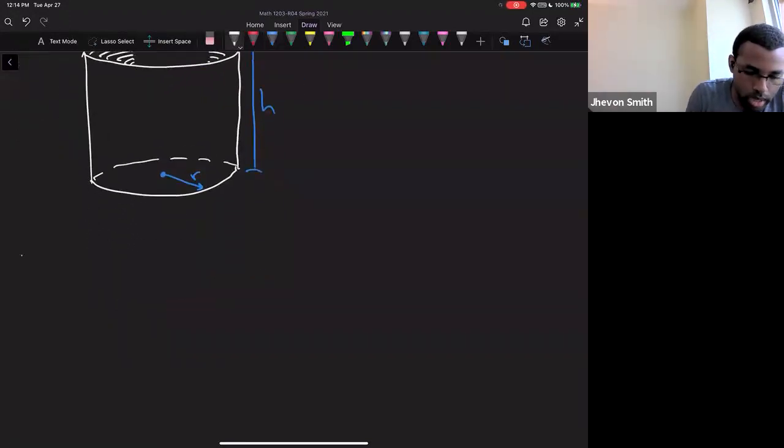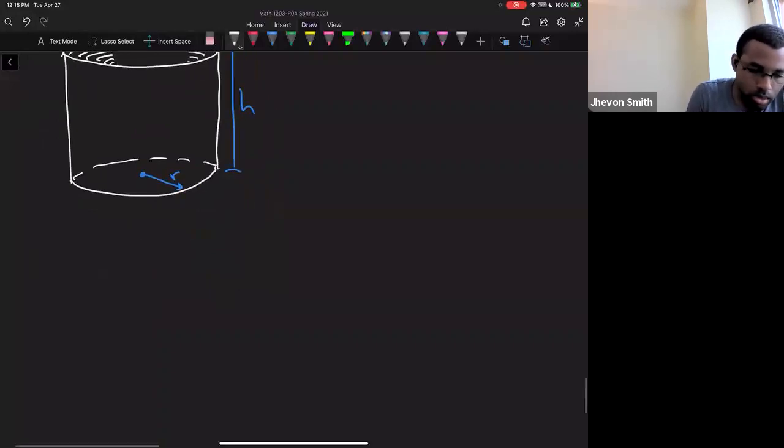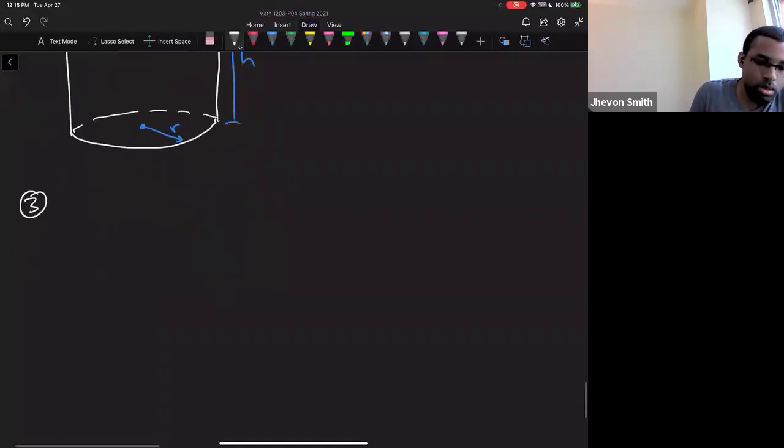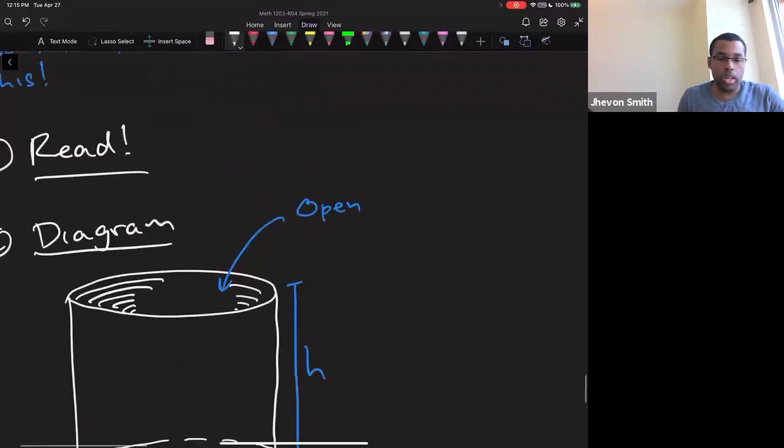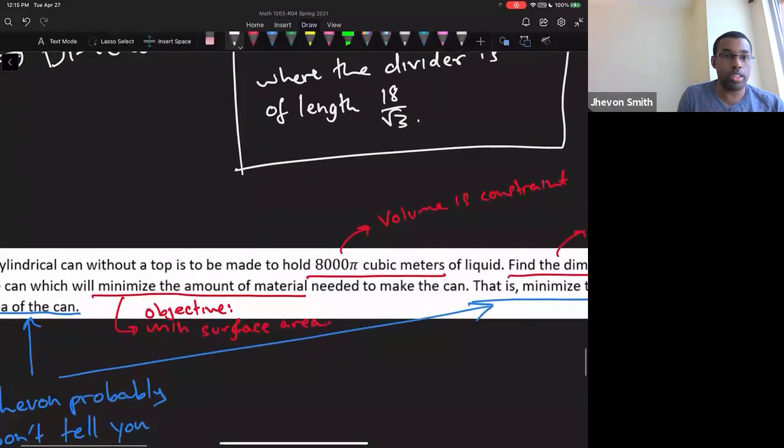Now let's go with step 3. So we need the constraint equation, and we need an objective equation. So the constraint equation we know is volume is the constraint.